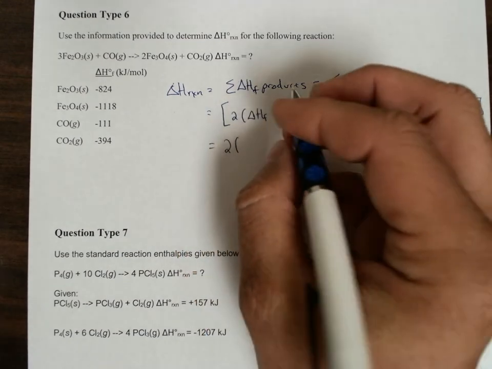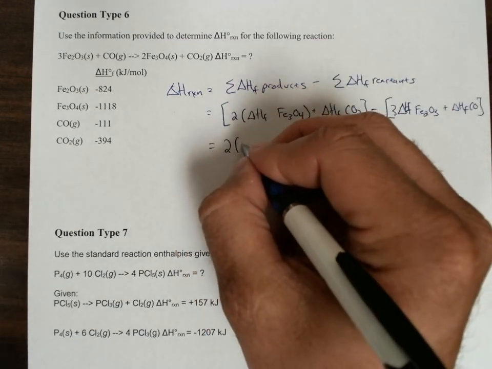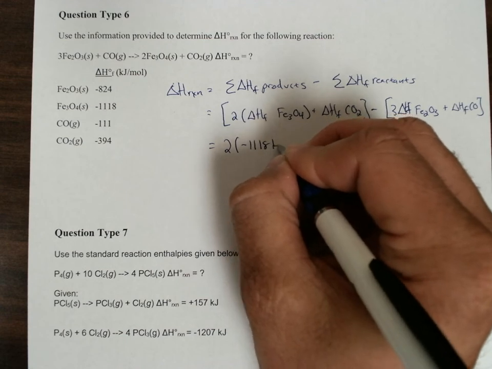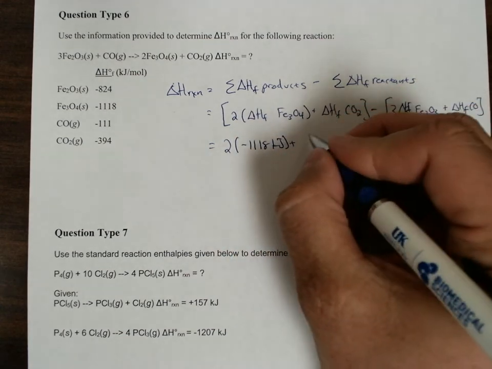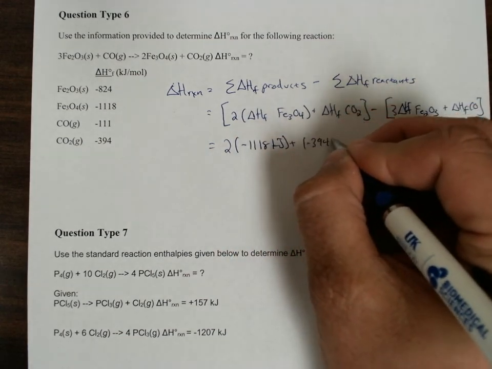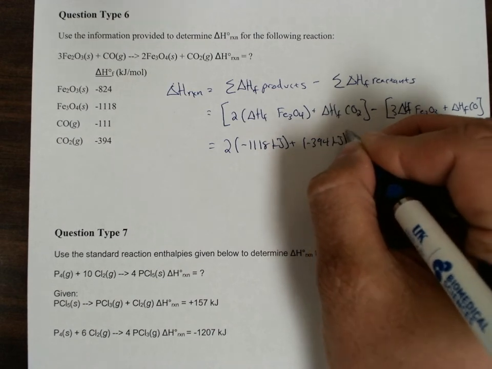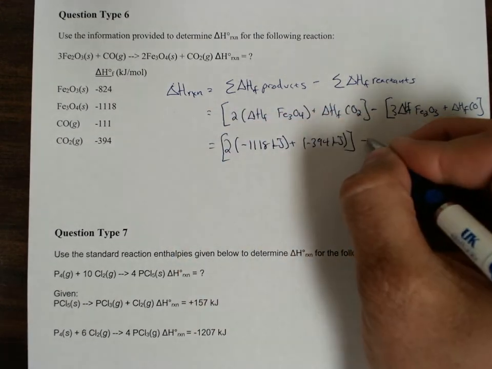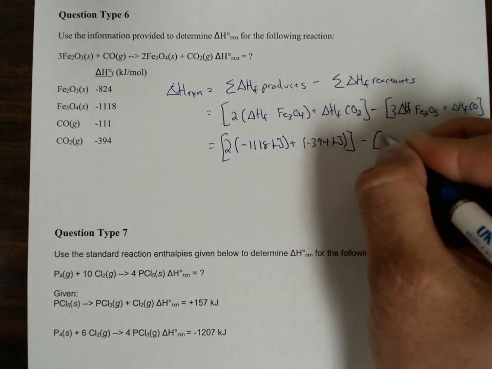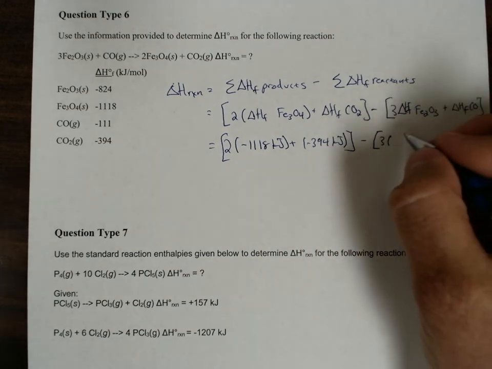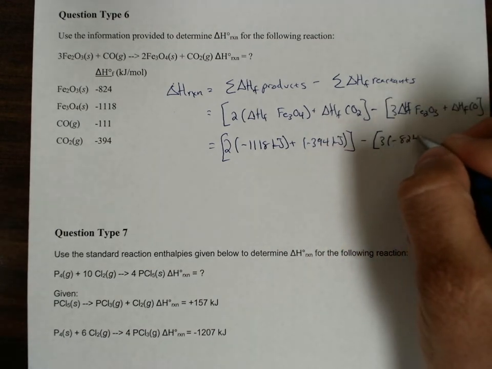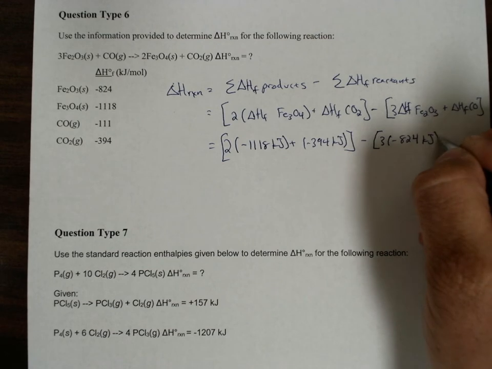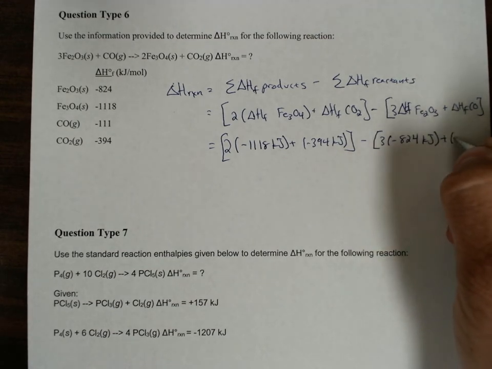Now, throw some numbers in. 2 times negative 1118 kilojoules plus negative 394 kilojoules, minus 3 times negative 824 kilojoules plus negative 111 kilojoules.